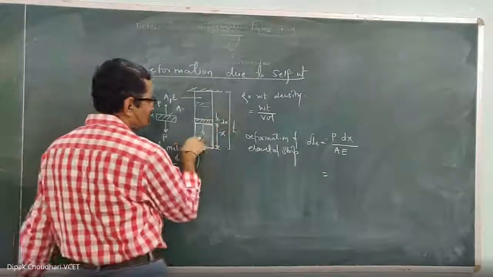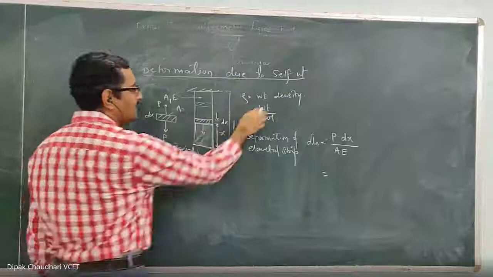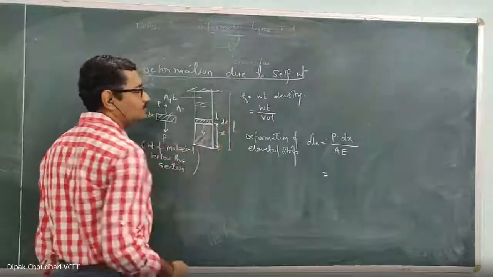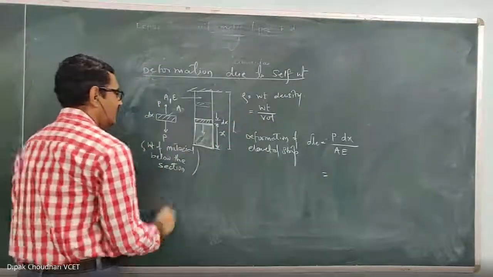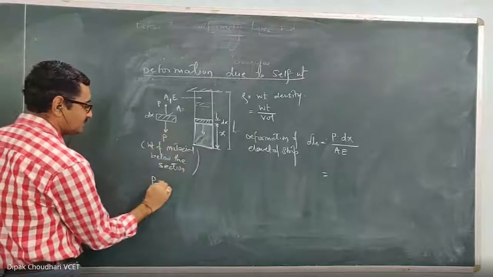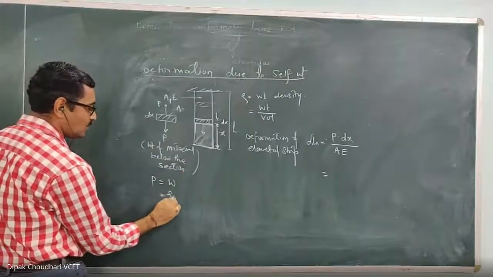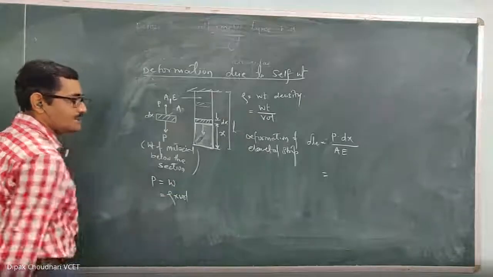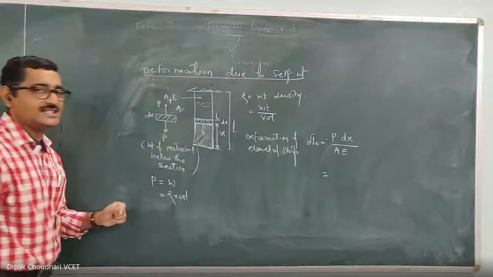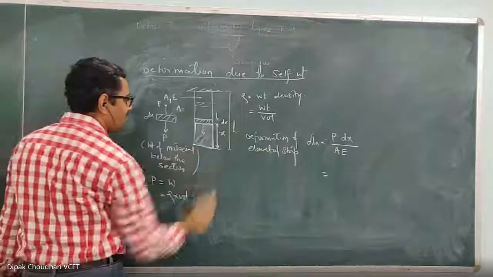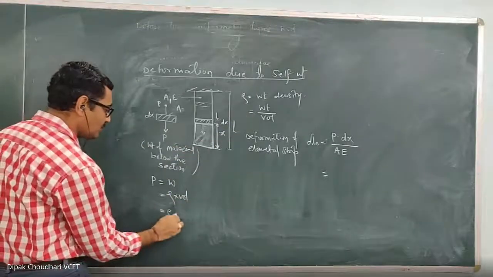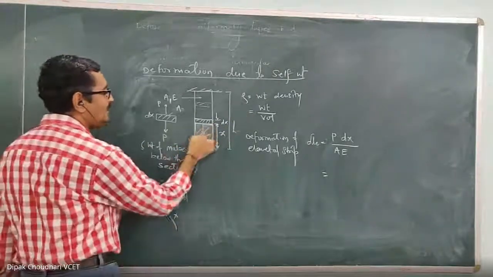Now, if rho is the weight density for this material, then the weight of this part is equal to rho into volume. P equals the weight below the section, and this weight can be written as rho into the volume of that particular material. Rho is the weight density, so weight density into volume gives you the weight. How much is the volume of this part?